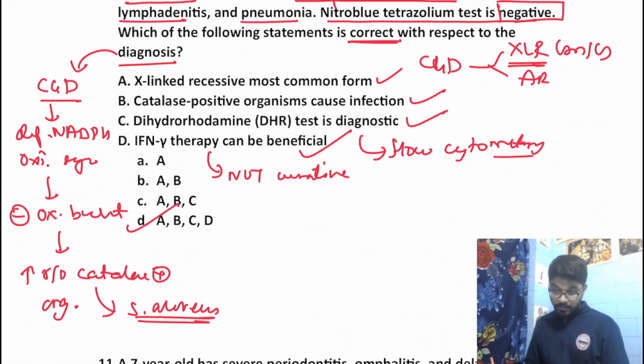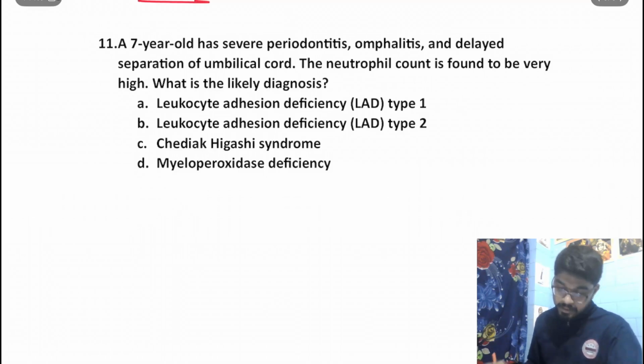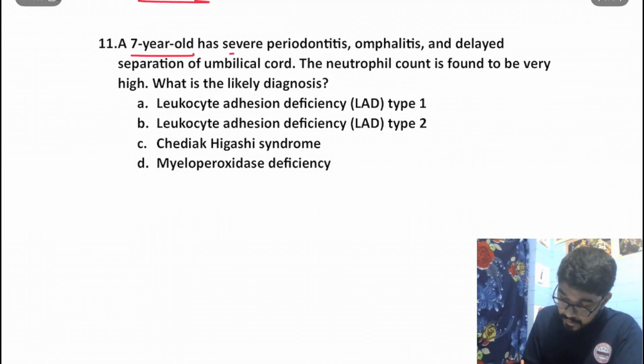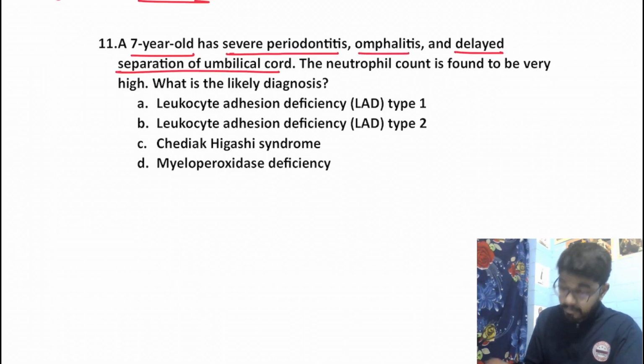Okay. Moving on to the next question. Now a 7-year-old has severe periodontitis, omphalitis and delayed separation of umbilical cord. The neutrophil count is found to be high.